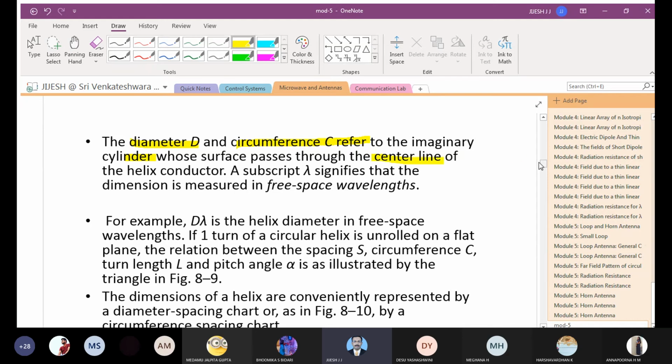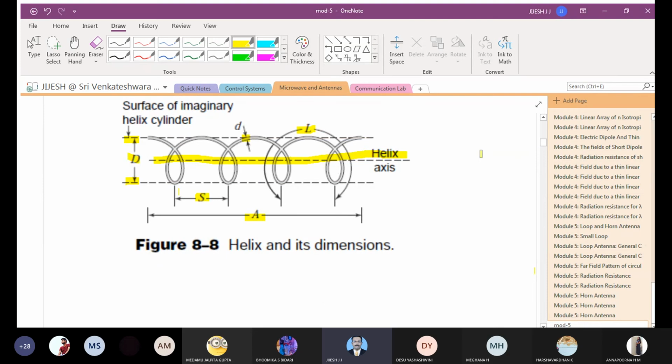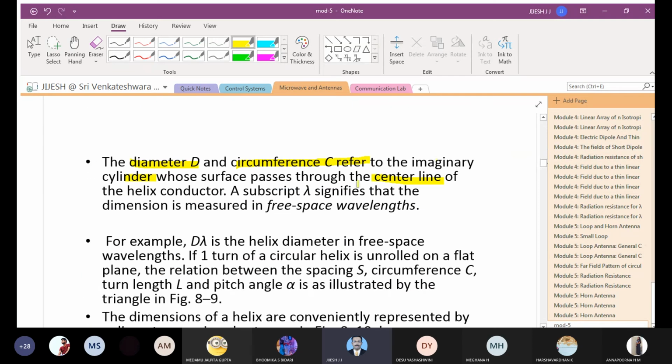You have already seen that axis, the helical axis. So this is the center line, the helical axis, which passes through the center line of the helical conductor. The subscript lambda signifies that the dimension is measured in free space wavelength. For example, D lambda is the helical diameter in free space wavelength.